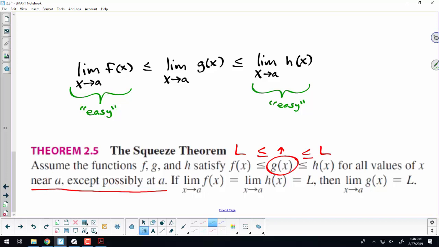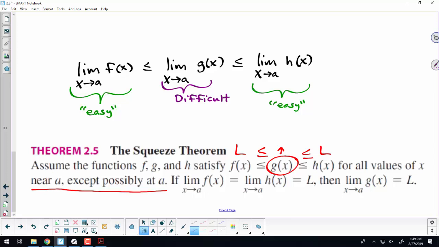The limit in the middle is the one you're trying to answer. So that limit stuck in the middle here is the difficult limit. So to answer the question about the difficult limit, we're hopefully just answering a question about the two easier limits on the outside. Do y'all have any questions about that?